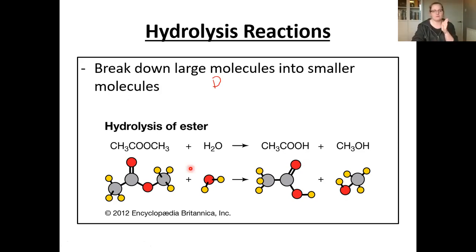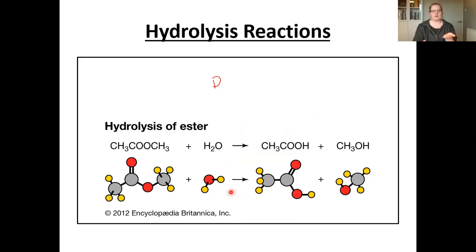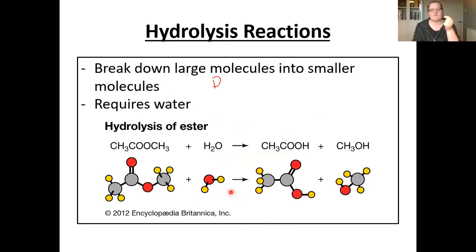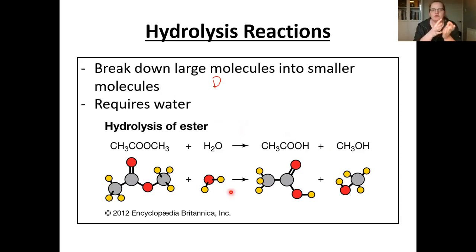So those peptide bonds that we have back in our condensation reaction, we add water in, we hydrolyze the molecule, this peptide bond breaks, and that means that we've then got two separate molecules, so we've got two monomers. And that's generally the idea of hydrolysis reactions and condensation reactions. Condensation reactions, we're going to build a larger molecule. Hydrolysis reactions, we're going to break them down. Both involve water. One is adding water, and one is taking the water away.